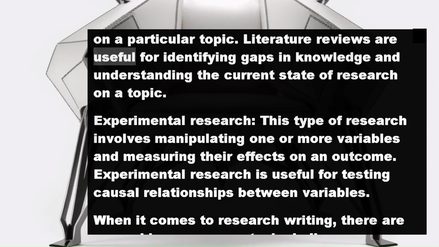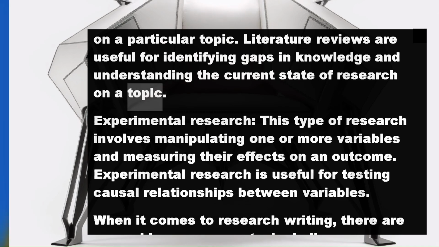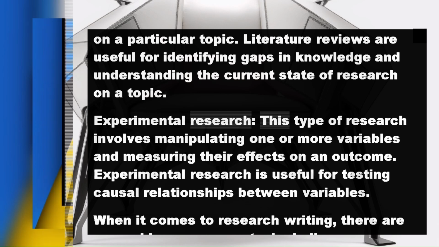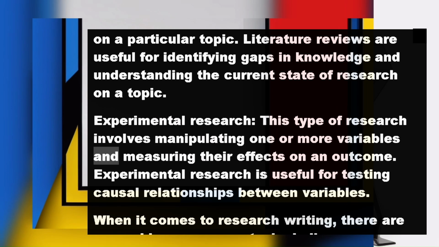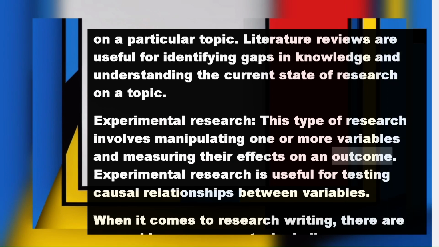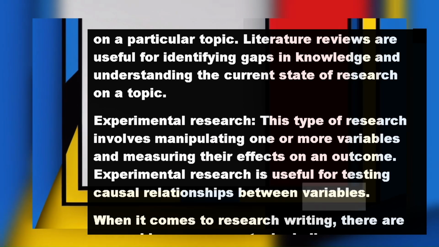Literature reviews are useful for identifying gaps in knowledge and understanding the current state of research on a topic. Experimental research. This type of research involves manipulating one or more variables and measuring their effects on an outcome. Experimental research is useful for testing causal relationships between variables.